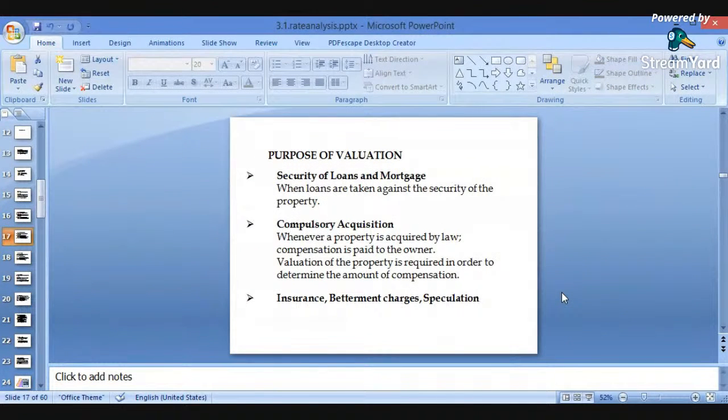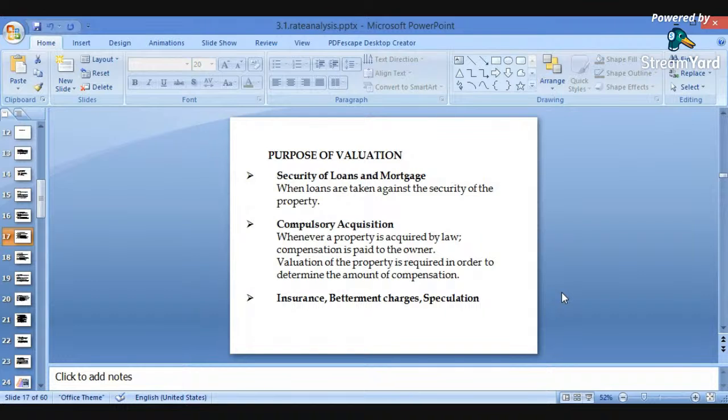Again, what is the next purpose of valuation? The next purpose is the security of loans and mortgage. When we have to purchase or hire, or take a loan from government firms or private firms, we keep our property against it, and by keeping that property we can take money from an external body, that is, the government firm or private firm.